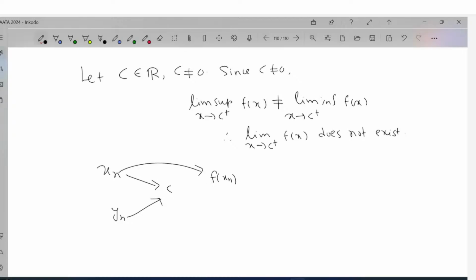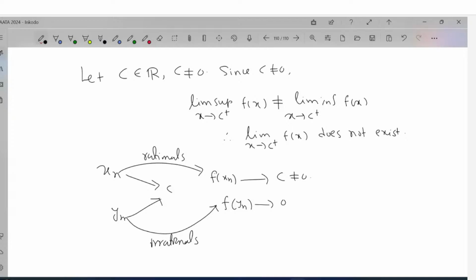If it is rational, then it will converge to c, and this c is not equal to 0. And if you have a sequence of irrationals, then f of y_n will converge to 0. So that means the limit cannot exist, because limit supremum and limit infimum cannot be the same thing: one is going towards c, another is going towards 0.